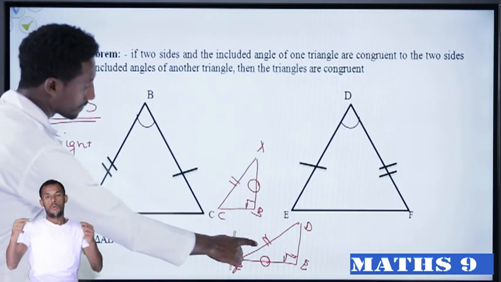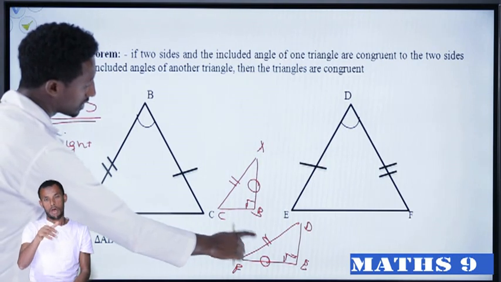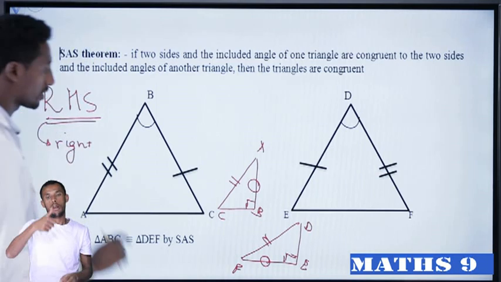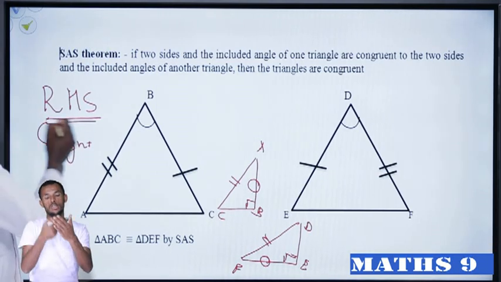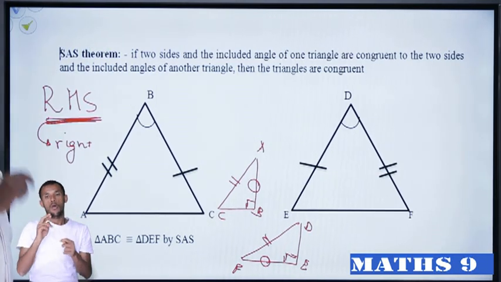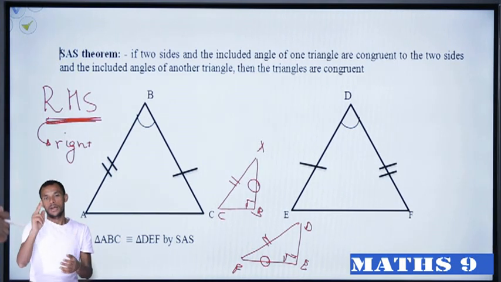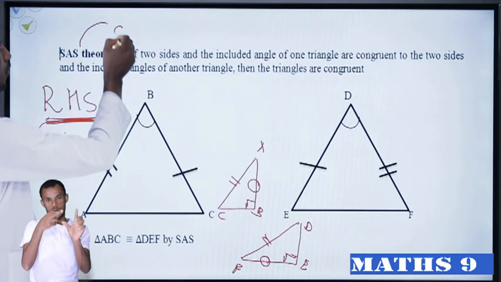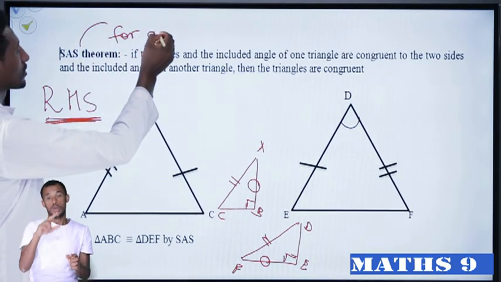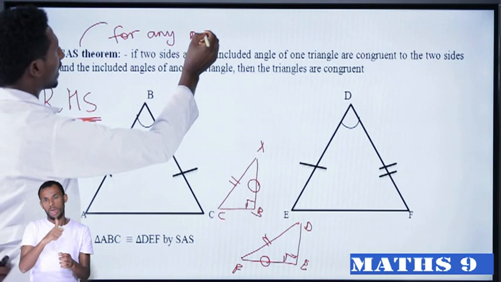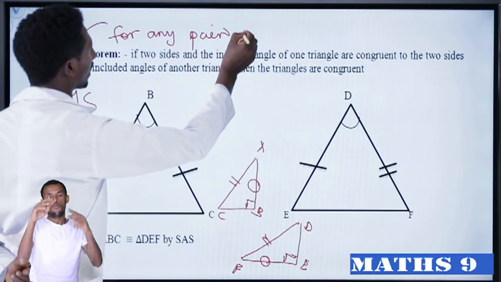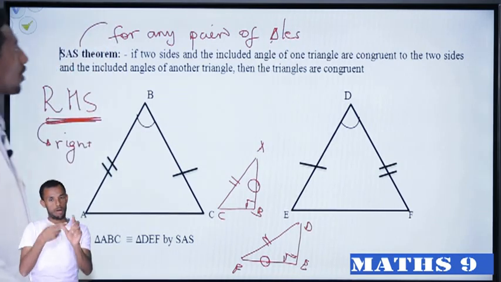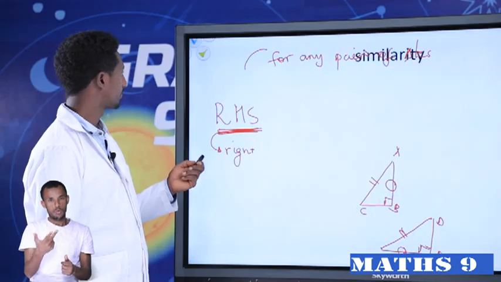They have congruent hypotenuses, they are right angled, and one of the other legs is congruent. So these two triangles are congruent. As I said before, this RHS is only used to prove congruency for right angle triangles, but the above three theorems work for any pair of triangles.